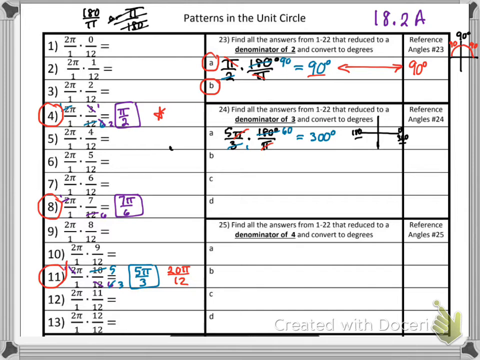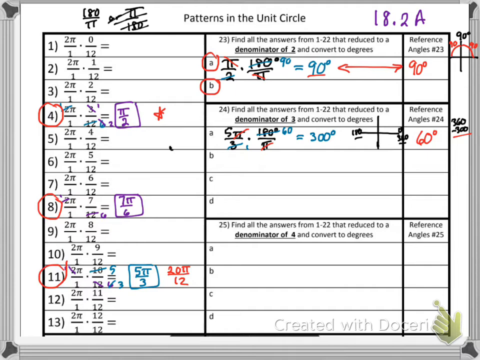So I'm thinking about 360 minus 300 will give me, that's a 60 degree reference angle. Now, 5 pi over 3 might not be the first one that comes up with a 3 on the bottom, but it doesn't matter if you get those out of order. It'll still work for you.